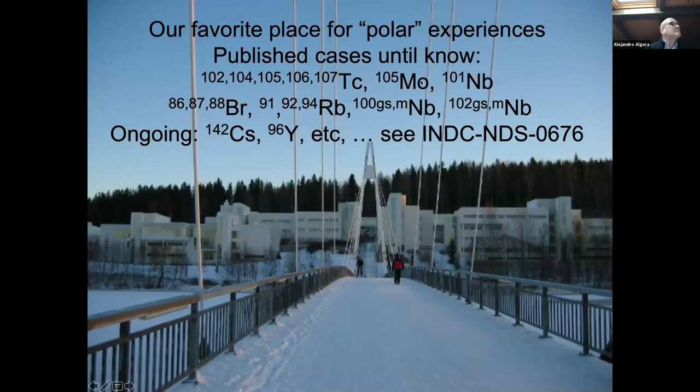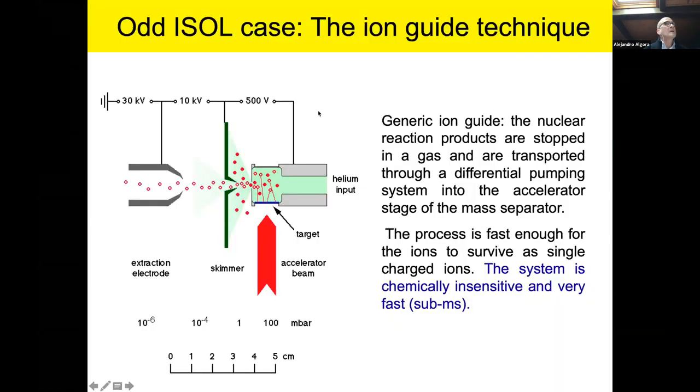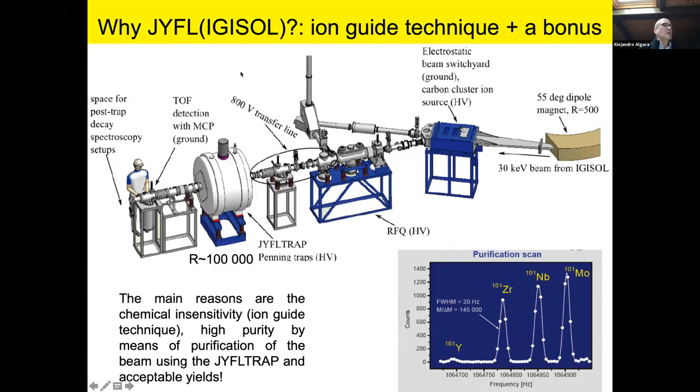Apart from that, we have very good friends in Jyväskylä, but there is another thing also. You have a separator which has a modest mass separating power, but then there is a Penning trap.